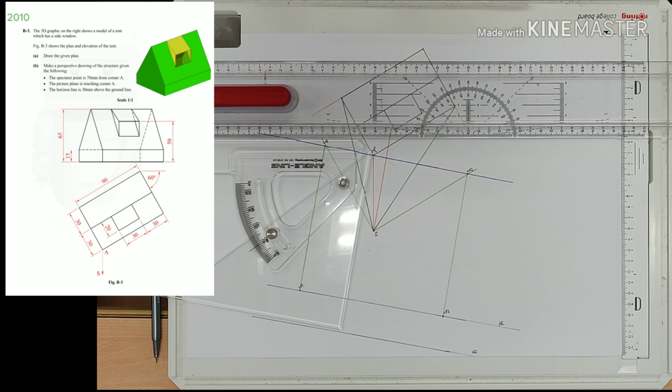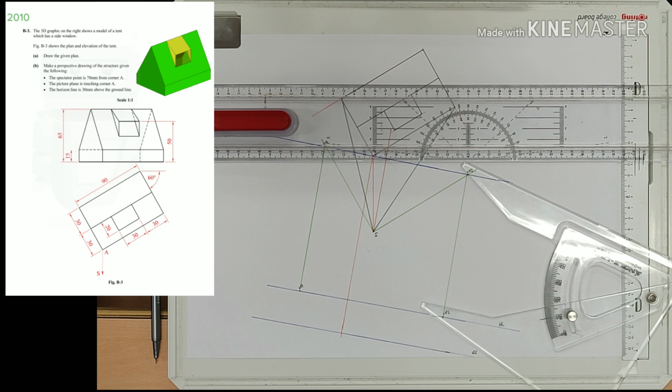You'll see that when I go to bring additional points down. So I'm going to go back to my original question to get some of the heights that I need for this drawing. Okay, so in the elevation we're told our first height is up 15.